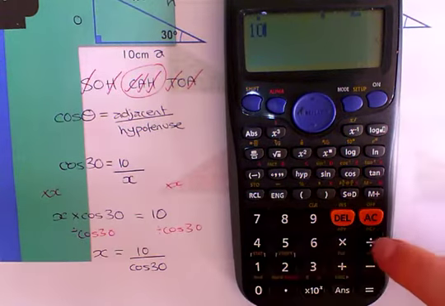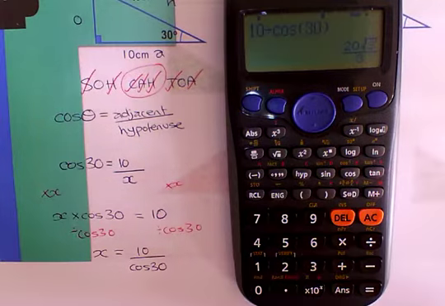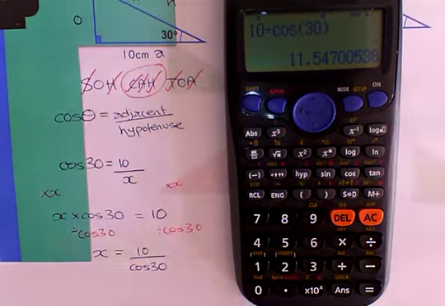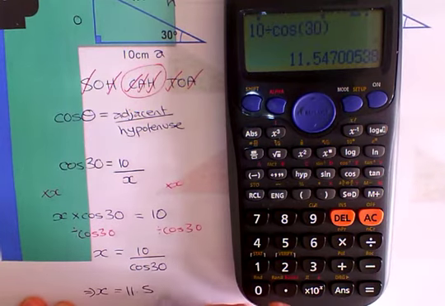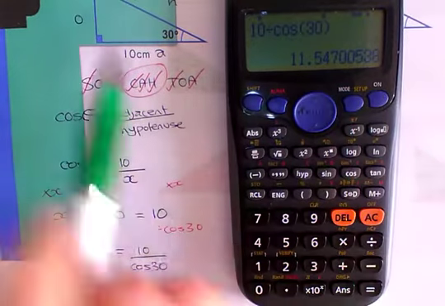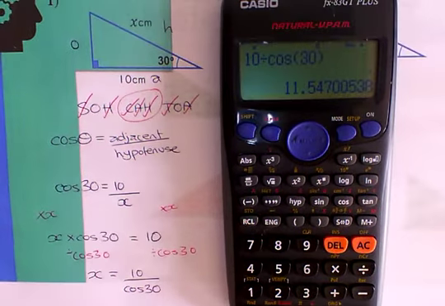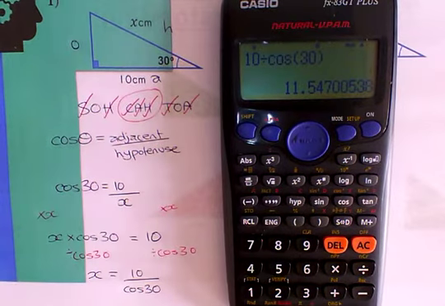We've got 10 divided by cos of 30, close the brackets, and you would get an answer of 11.5 to 1 decimal place. So therefore x is equal to 11.5 centimetres. And you can check, does that make sense? Well, we know the hypotenuse is the longest side and 11.5 is longer than 10, so it does make sense that that's roughly within the region of where we'd expect our answer to be.